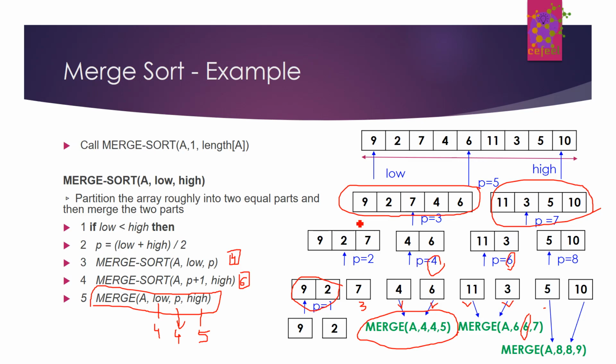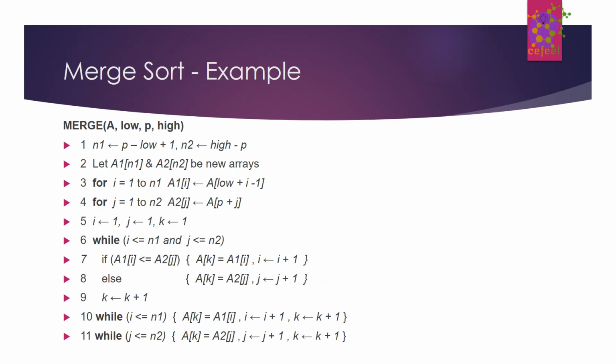Similarly we'll have merge(A, 8, 8, 9) called with 5 and 10, and finally with 9 and 2 also merge(A, 1, 1, 2) will be called. So these are the merge procedure calls that will happen, and let's now go ahead and see how these merge methods are called and what the output of the merge is.